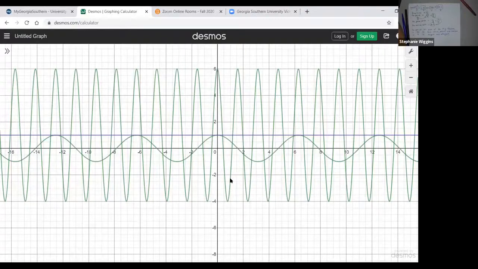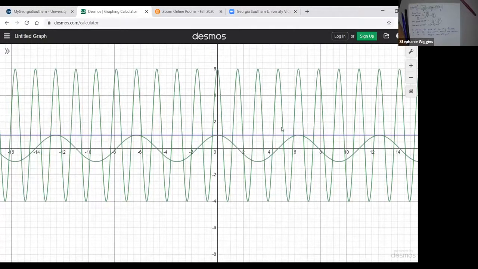But then, instead of taking a whole 2 pi to go through one cycle, it goes through 4 cycles. So it goes up, it goes down and back up, down and back up, down and back up, down and back up 4 times for the original function to go once.